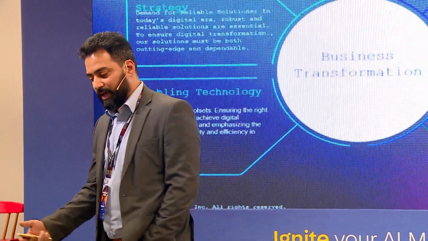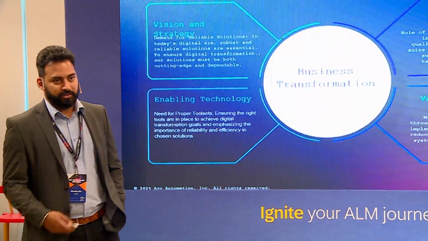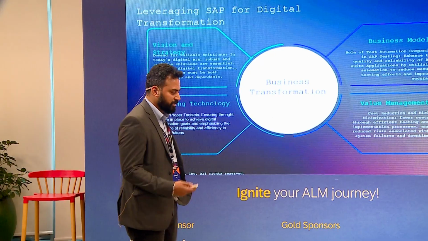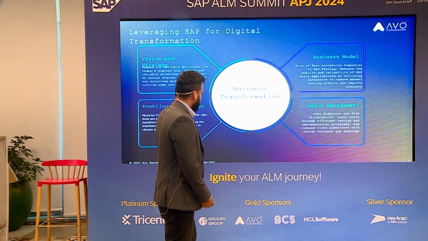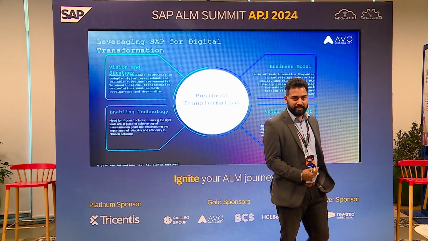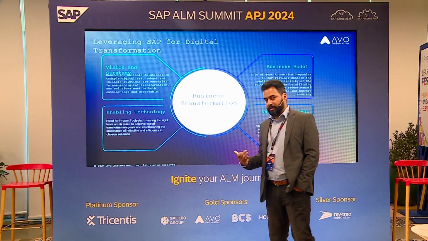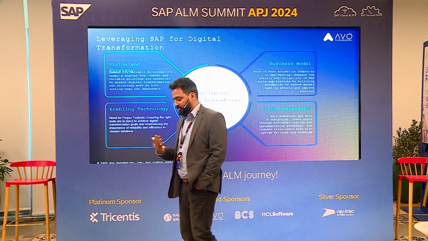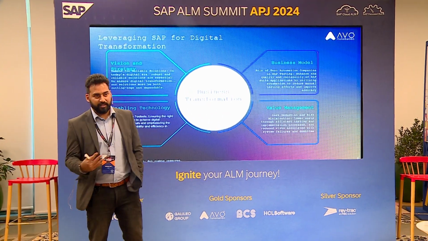So before deep diving into this topic of cloud ALM integrations with Avo, and what is Avo and how are we actually helping the SAP ecosystem and the organizations and enterprises around it, a couple of things I feel are worth covering. Before embarking on a journey of any business transformation, personally there are 3 or 4 pillars.